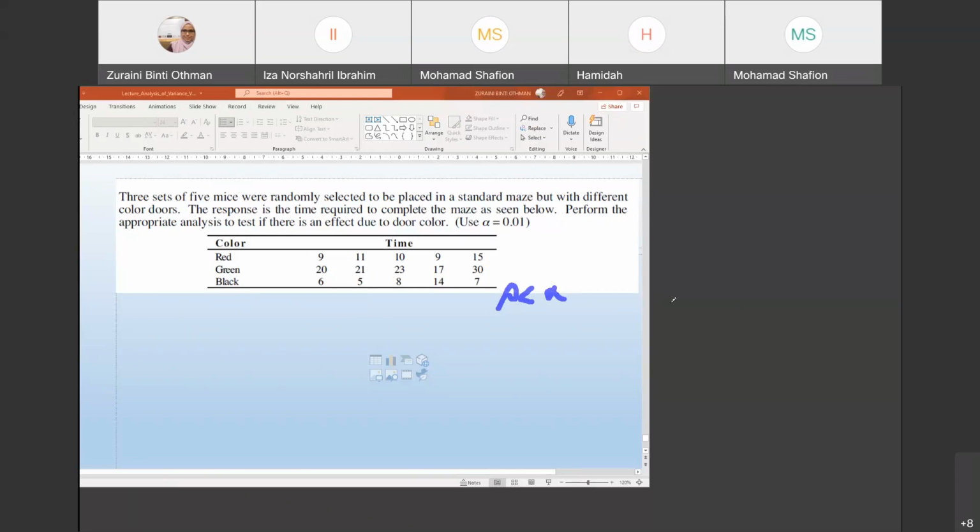Okay, there is a significant effect due to the door color for the mice, right? The color factor will affect which mice will complete it in the shortest time.